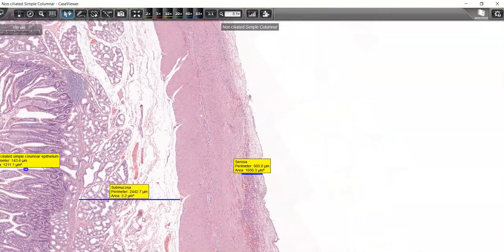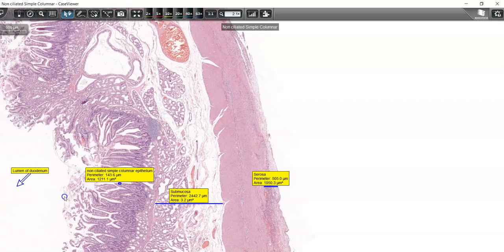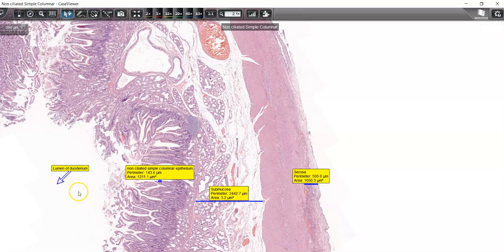Now, the final layer of the wall of the small intestine is the mucosa layer, the innermost layer of the small intestine wall. This layer is adjacent to the lumen of the small intestine.